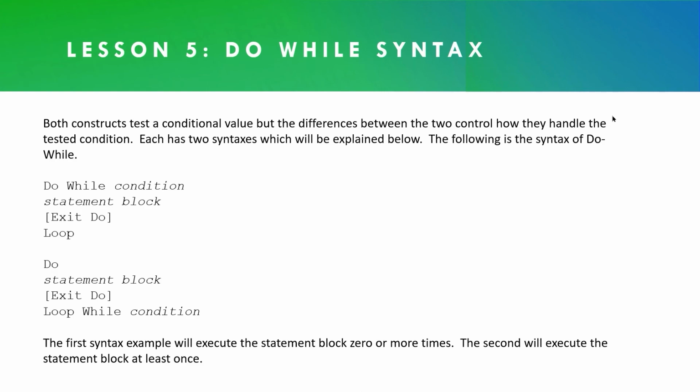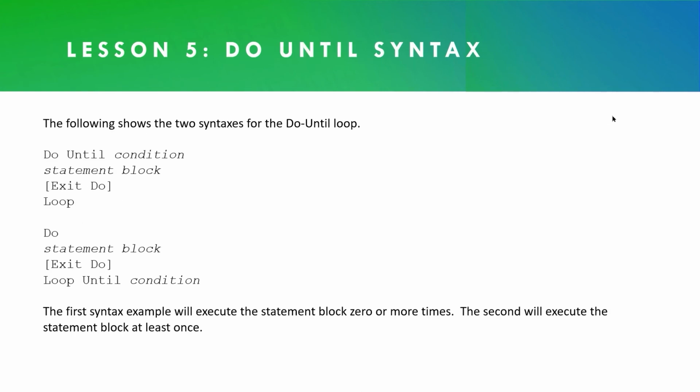The second will execute the statement block at least once, because it's not going to test the condition until it has executed the statement block. And the same holds true for do until. You can have it execute 0 or more times by testing for the condition up front, or you can have it execute the statement block at least once because it tests the condition at the end.